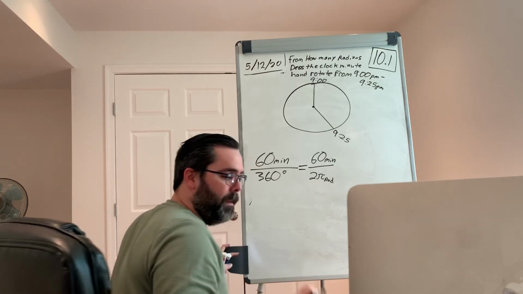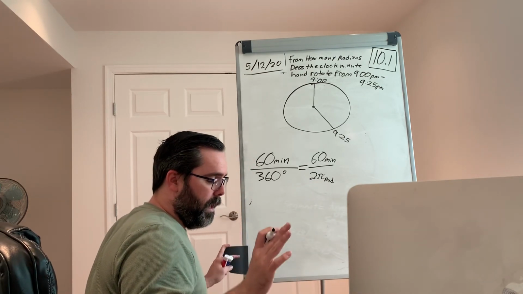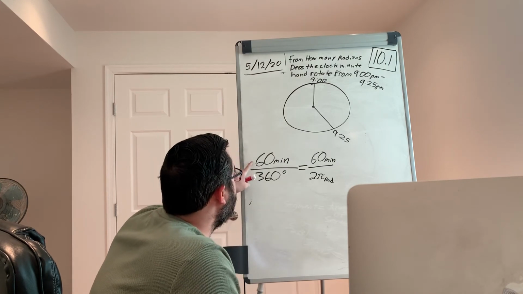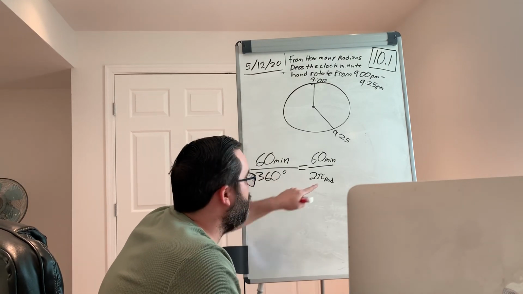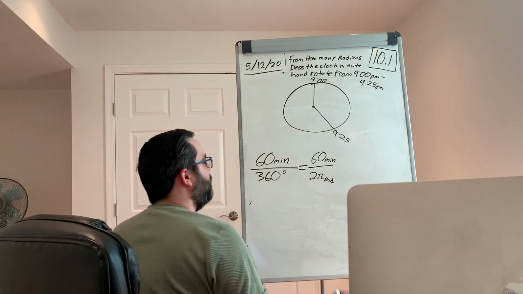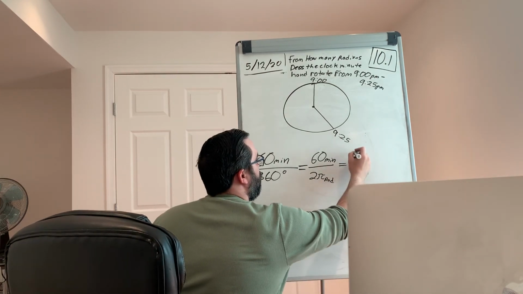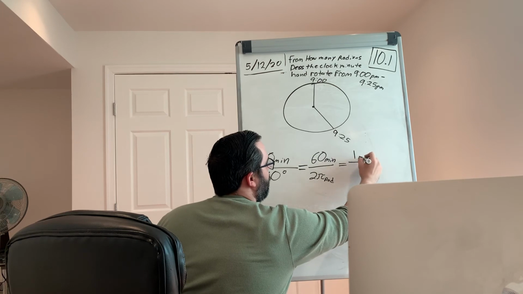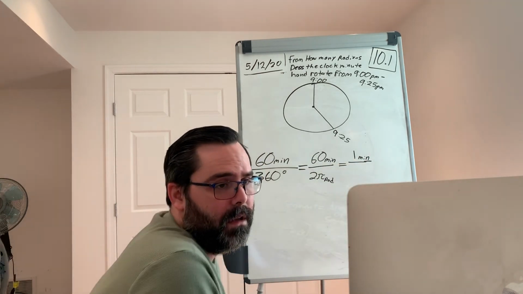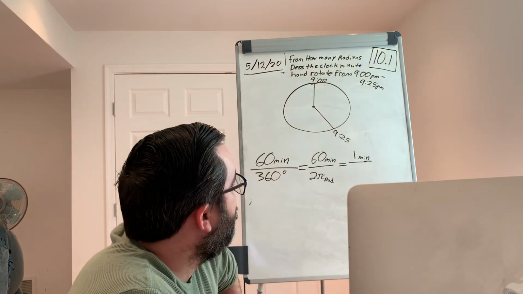Okay. Now, 60 minutes over 2 pi. How much is 1 minute? So how do I find out how much 1 minute is?